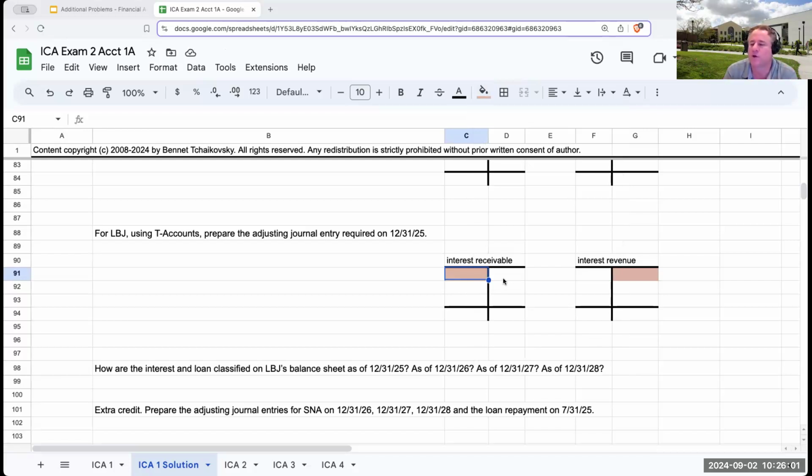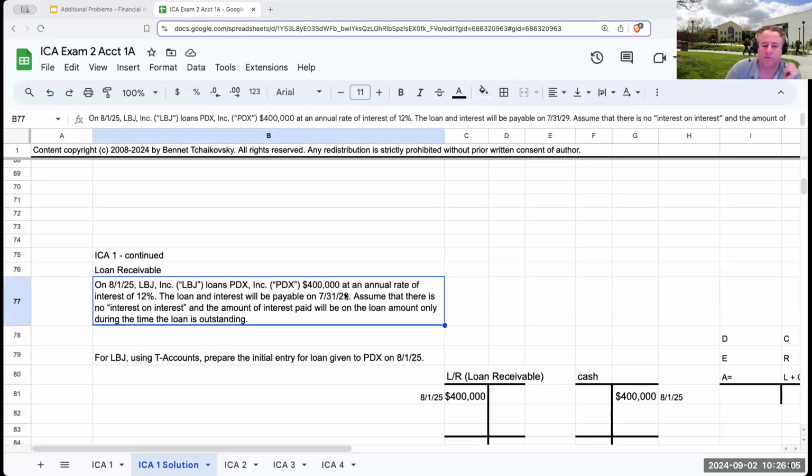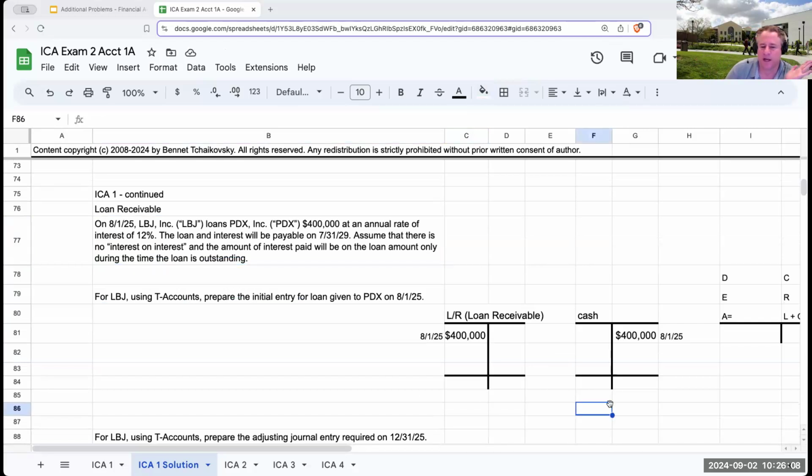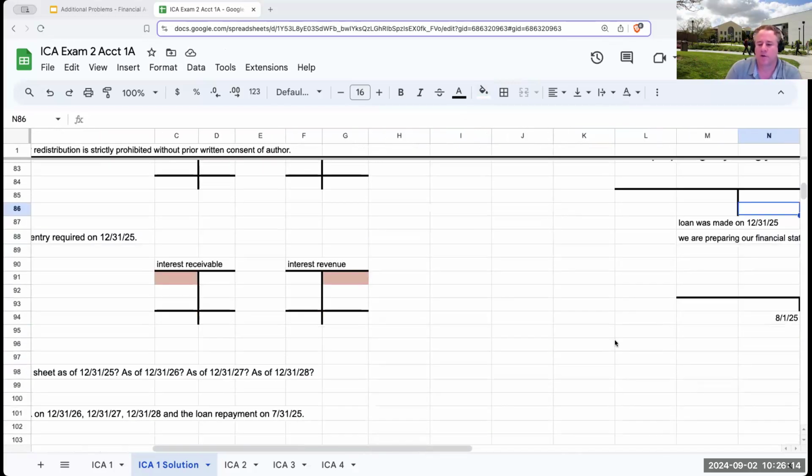So let's go through now and compute the interest. So right over here, LBJ loans PDX 400,000 at an annual rate of 12%. So my loan amount is 400,000, right?